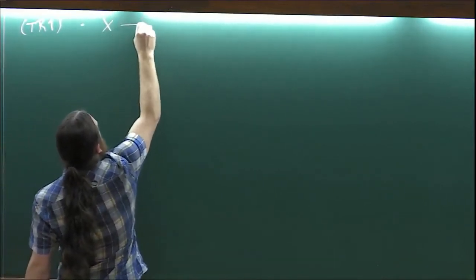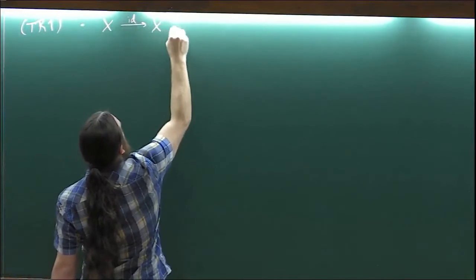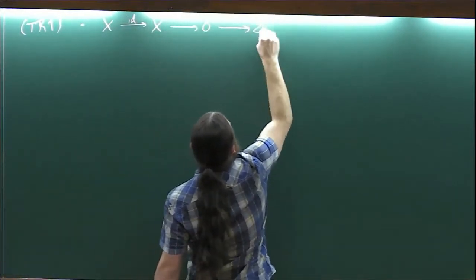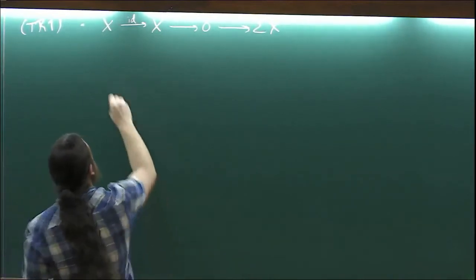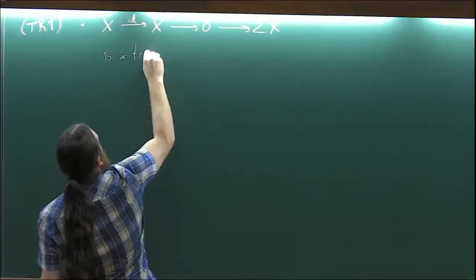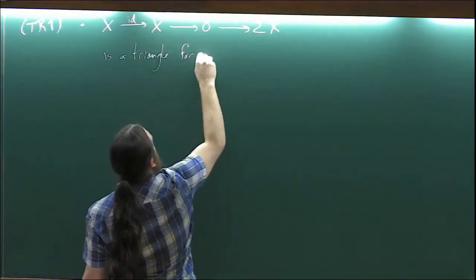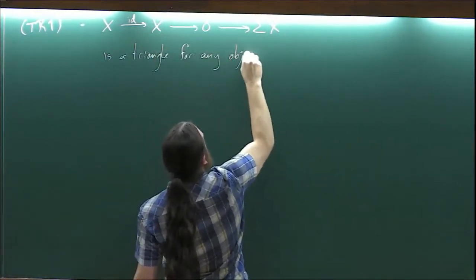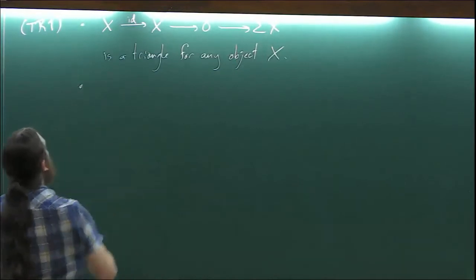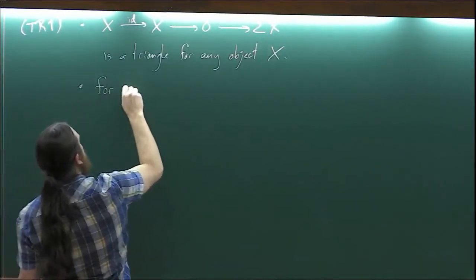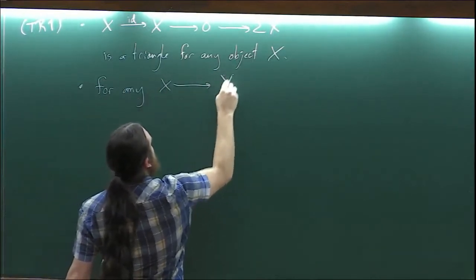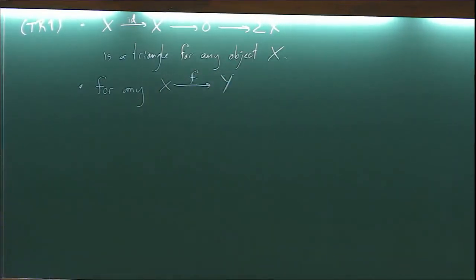If you take the identity morphism and you complete it in a sequence like this, then this is a triangle, for an object X. The second thing, for any morphism f from X to Y, there exists a triangle containing f.